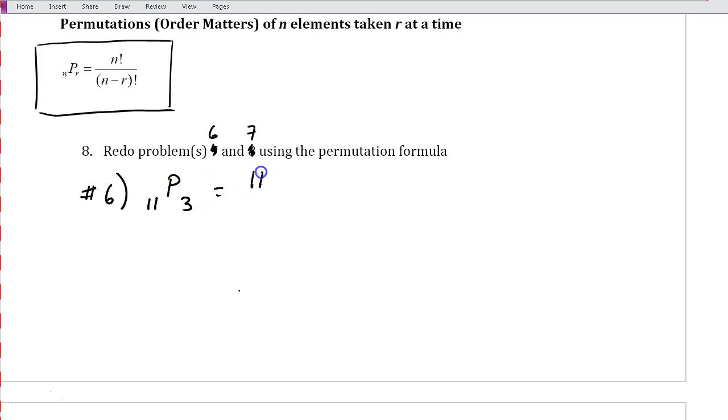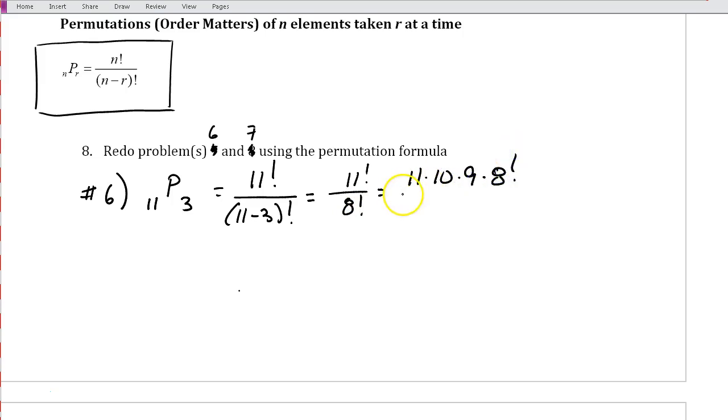That would be 11 factorial over 11 minus 3 factorial. So that's 11 factorial over 8 factorial, which is 11 times 10 times 9 times 8 factorial over 8 factorial. Those will cancel out, and again, we're left with 990 ways.